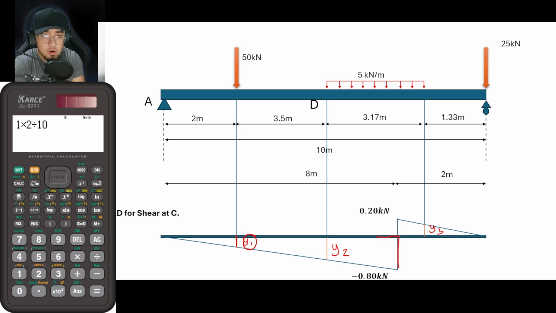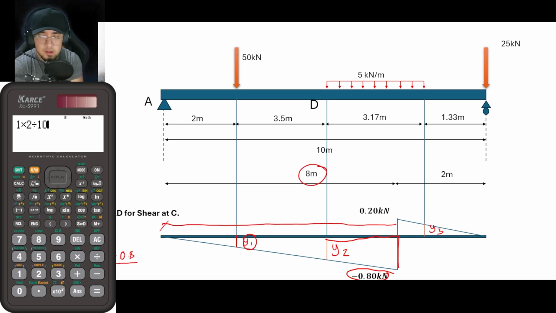So the ratio of the bigger triangle, which is this one here, is equal to the ratio of the smaller triangle. Okay? So their slopes are basically the same. So from that, guys, for the bigger triangle, its vertical component is negative 0.8, divided by, what is its horizontal distance?